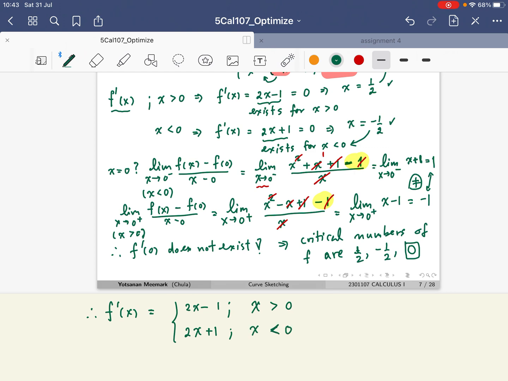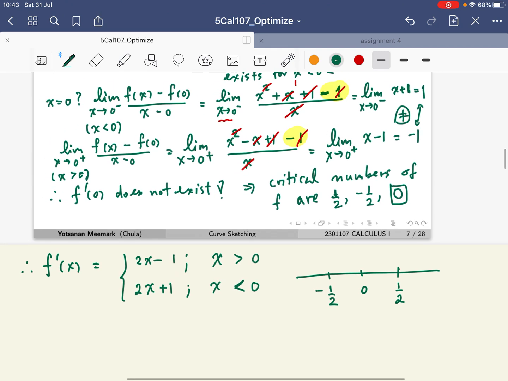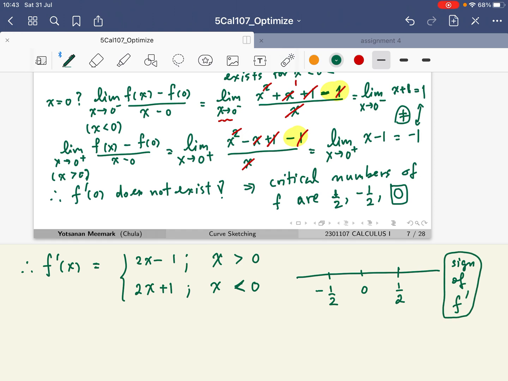This one is your f prime, and we need to look at the sign of your f prime in between all these critical numbers, right? So here again, it is the sign of your f prime. Keep writing it this way to remind yourself that this is only the sign of f prime, not f itself.